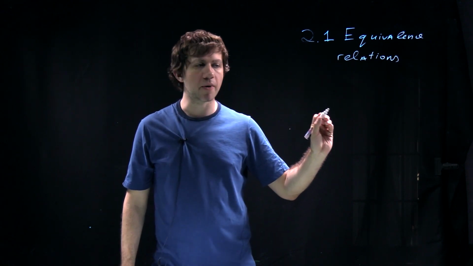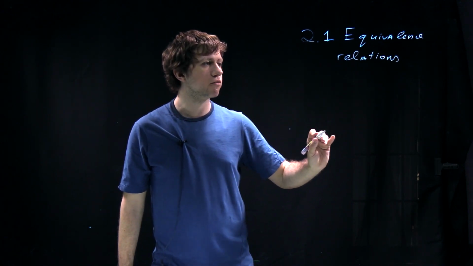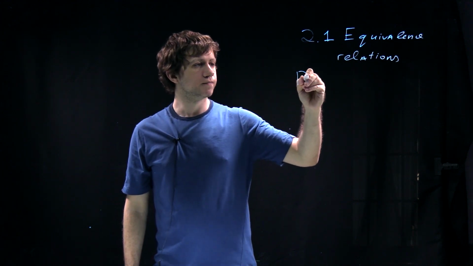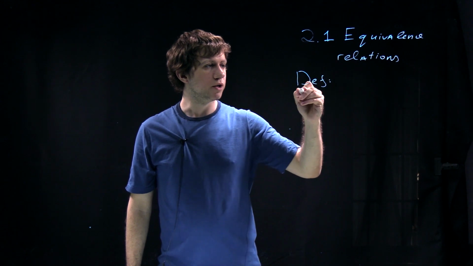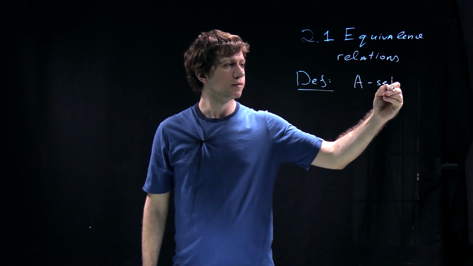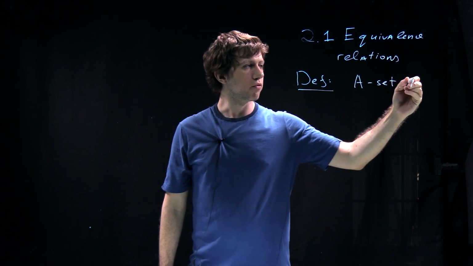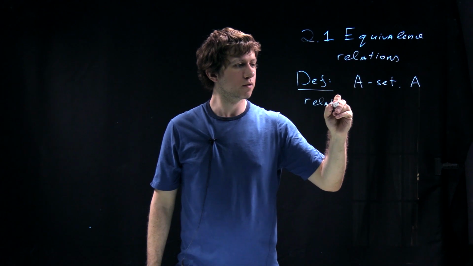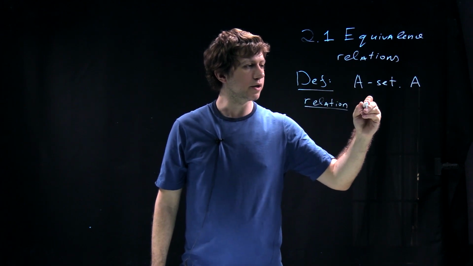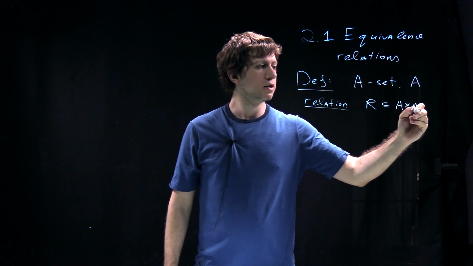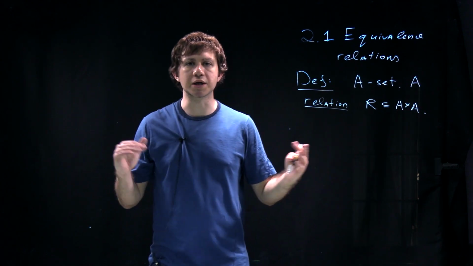Okay, so let me just remind you, this is a very general nonsense in set theory. So definition. If A is a set, a relation R is just a subset in A times A. So just some pairs are in the relation.